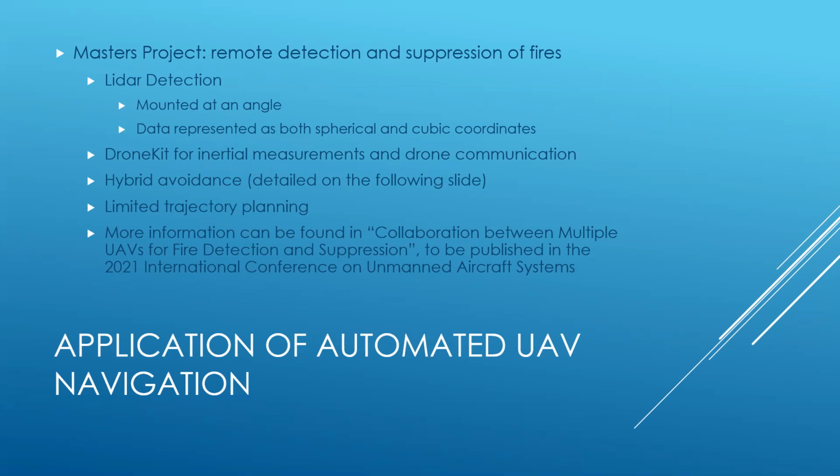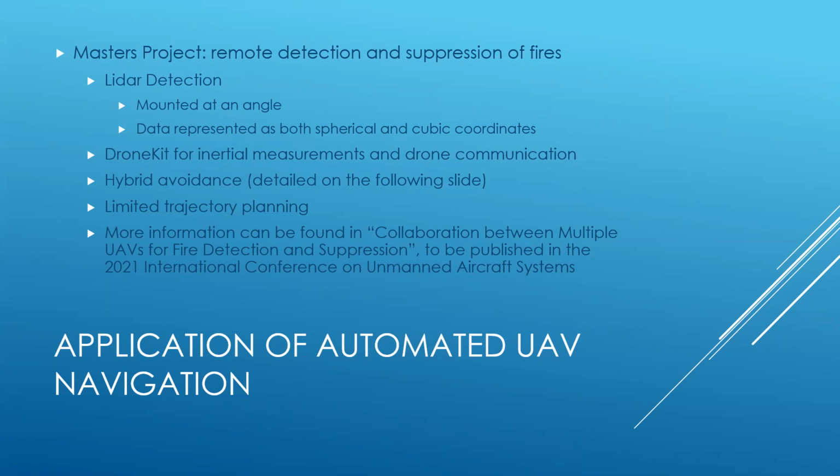The data collection performed on the LiDAR data involves both spherical and cubic coordinates of obstacles relative to the drone. DroneKit is used as the flight controller, which provides the drone's inertial measurements and fulfills requests to alter the drone's trajectory.